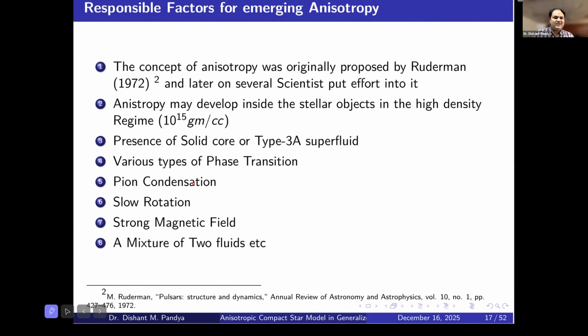If you think of pion condensation, or slow rotation, or maybe the presence of a strong magnetic field, or maybe a mixture of two different kinds of fluids, in such situations definitely anisotropy dwells there. And this was proposed in 1972 by Ruderman and other scientists.